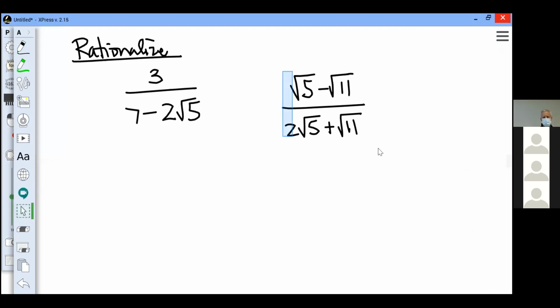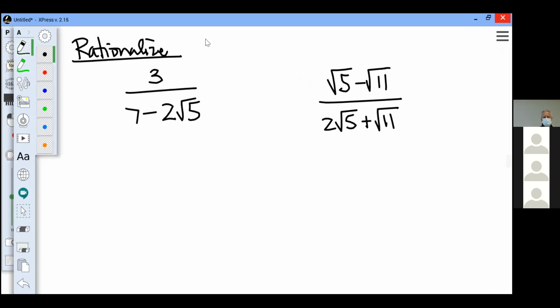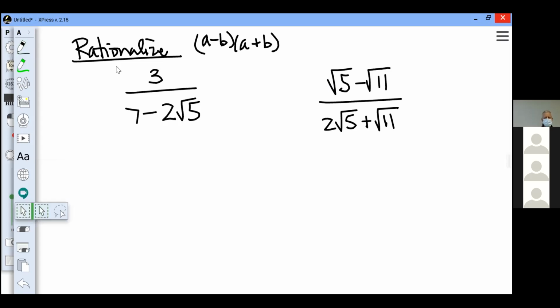And earlier I had mentioned the concept of the difference of squares pattern, and the concept of the conjugate denominator. That's going to be the process for these.